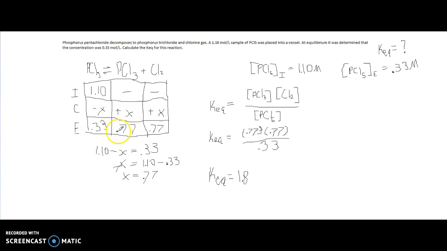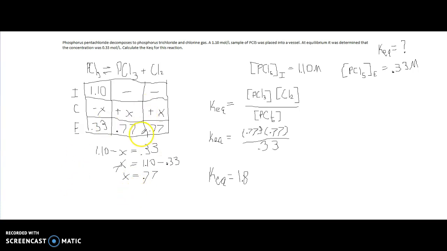So to find X, you would do 1.10 minus X equals 0.33. Then you would switch the X to the other side and subtract 0.33, and you end up getting X equals 0.77.